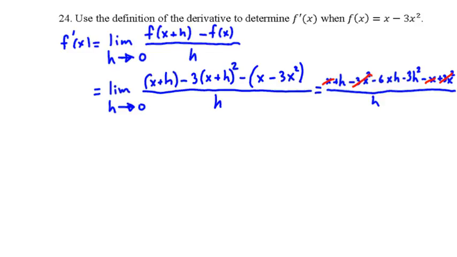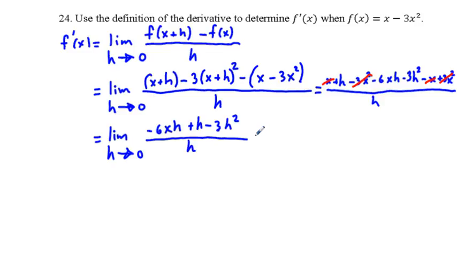So what we have left is the limit as h approaches 0 of what's left, which is minus 6xh, and I forgot the plus h, I'm just going to put plus h, and minus 3h squared.